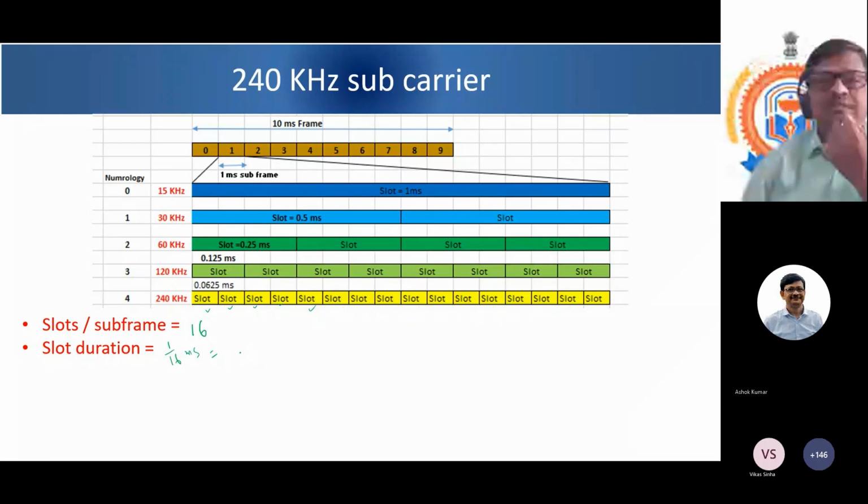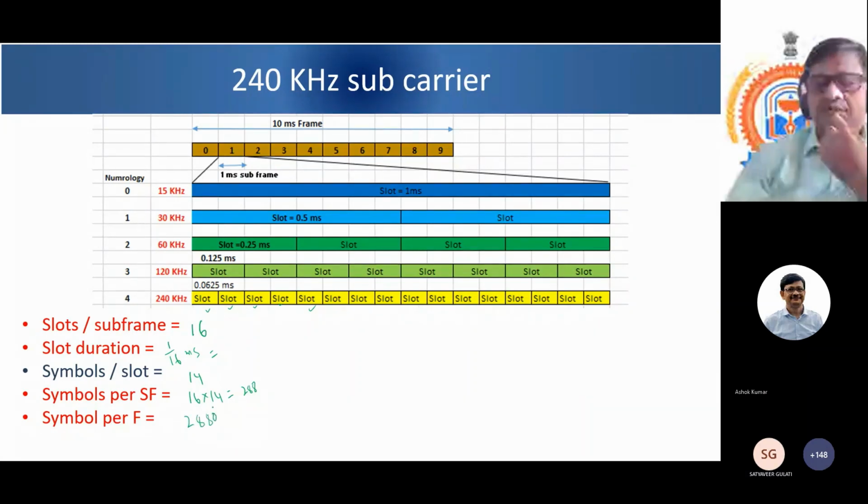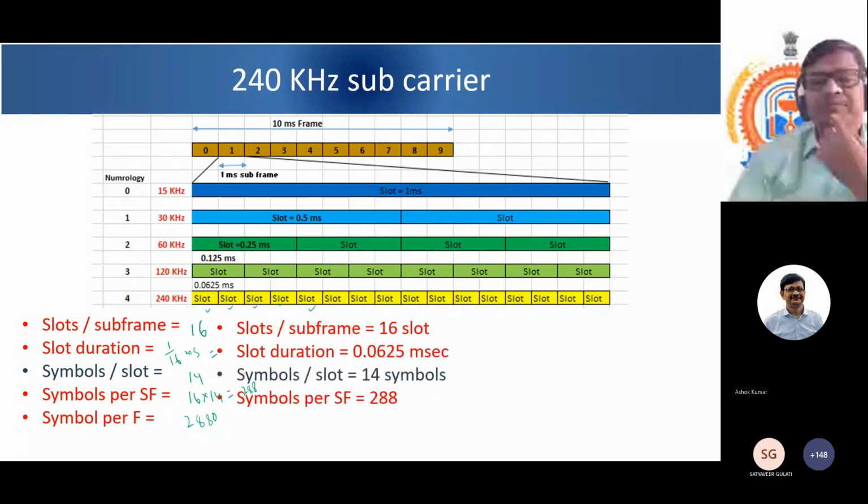And then what is the symbol per slot? It will be 14. And per subframe will be 16 into 14. How much? 224. And total in a frame will be 2240. Very nice. I hope everyone has understood the frame structure.